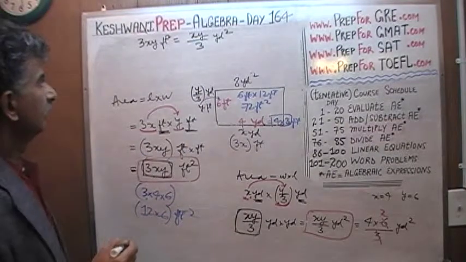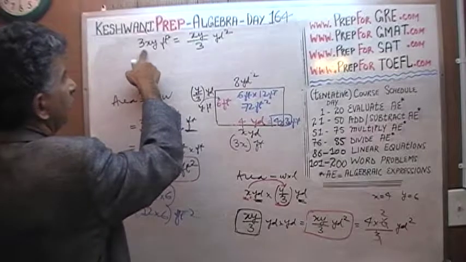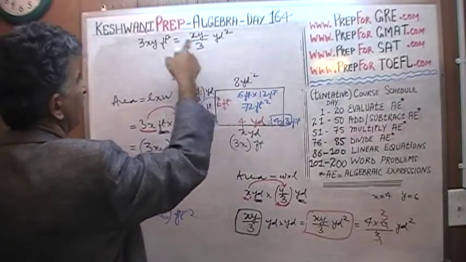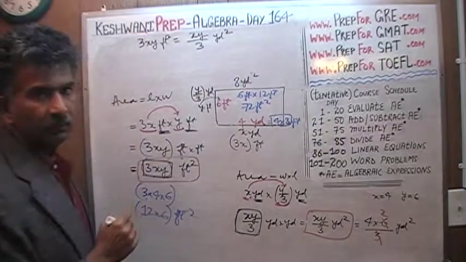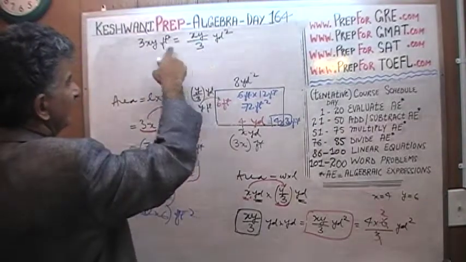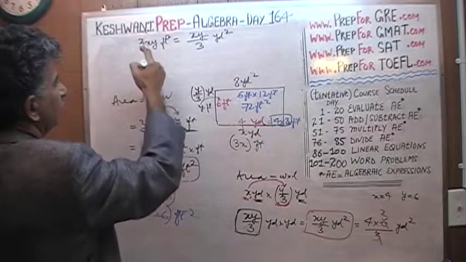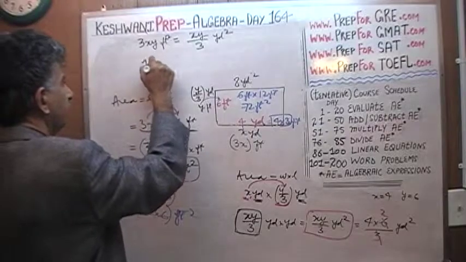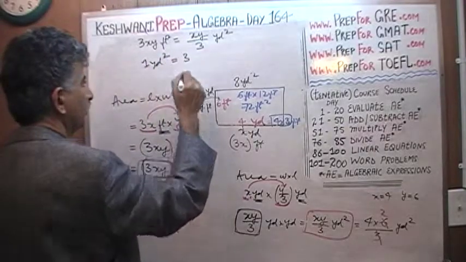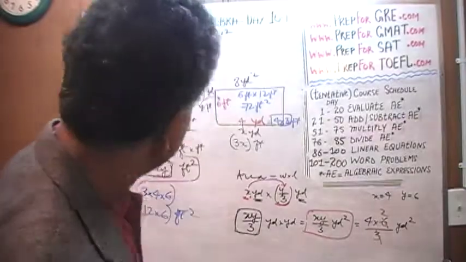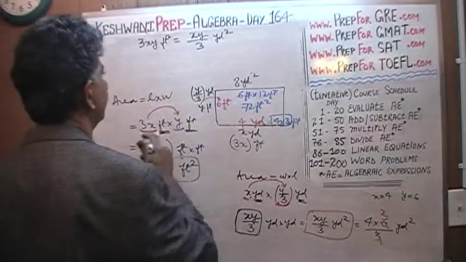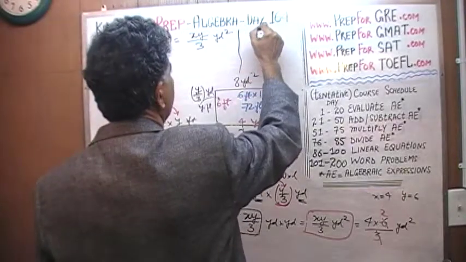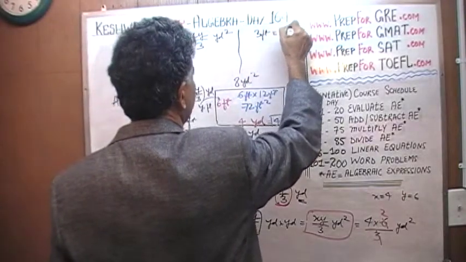You should notice that if you were to convert the square feet into square yards, we have to divide this by 9. Why 9? Because 1 square yard equals, let's do it here in the corner, 3 feet equals 1 yard.